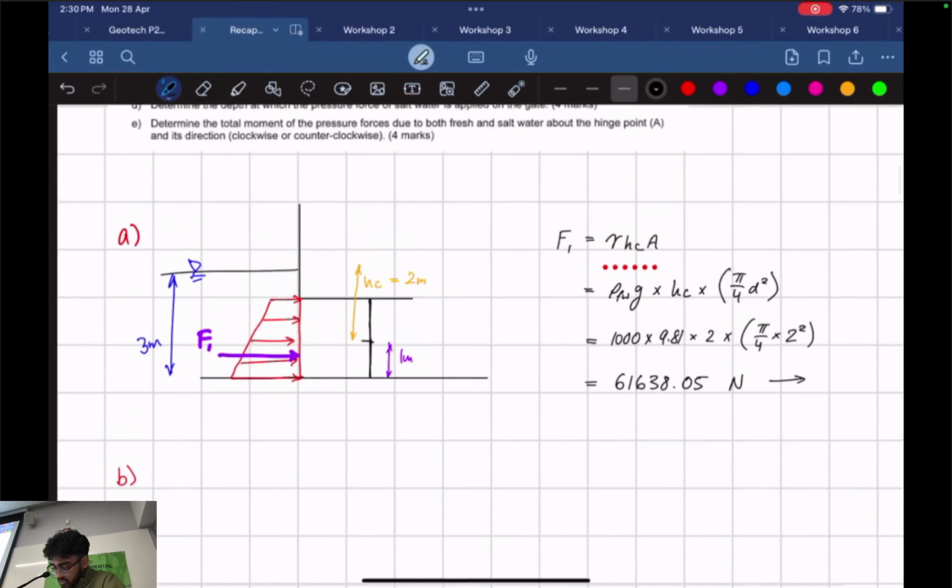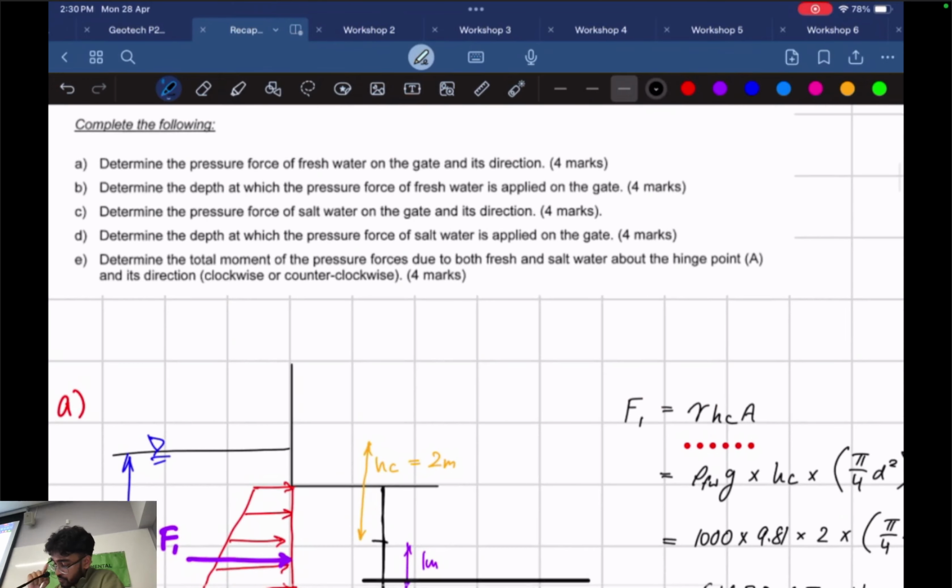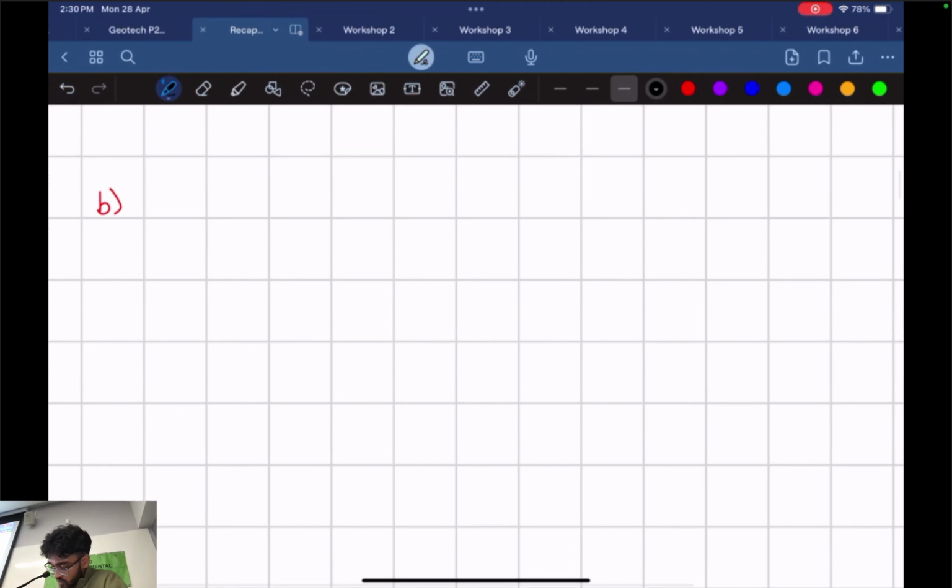Part B is asking, determine the depth at which the pressure force of the fresh water is applied onto the gate. So pretty much looking at the point of application, YP. So YP is equal to IXXC divided by HC A, plus HC. We already know that HC is going to be 2.